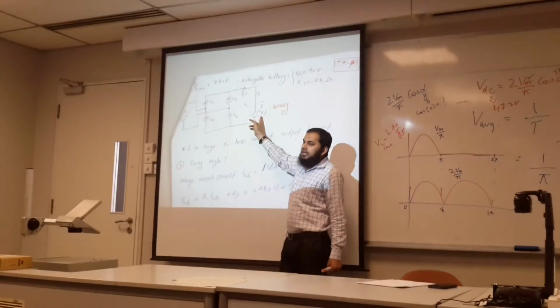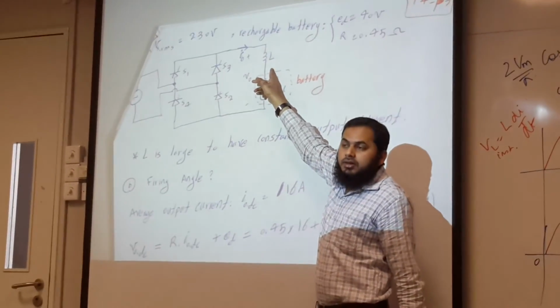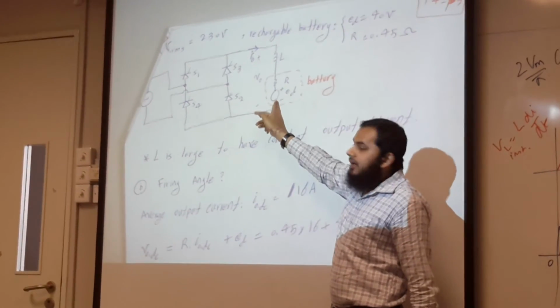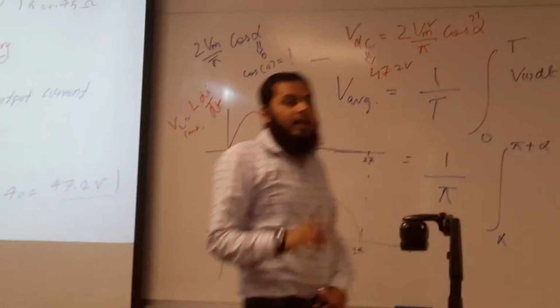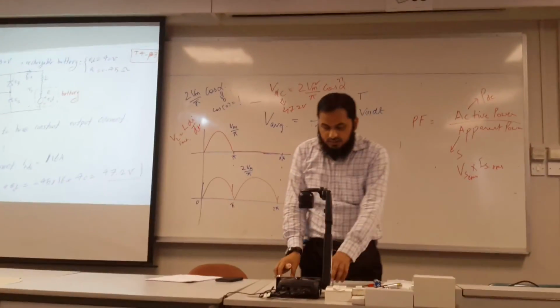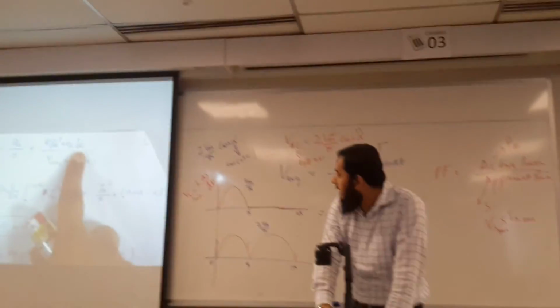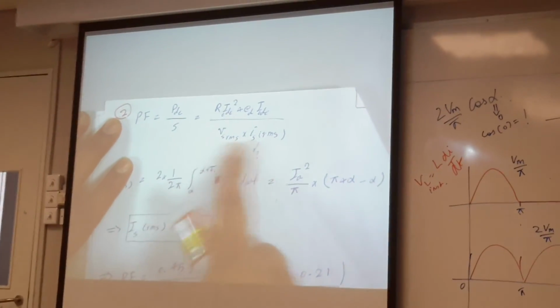So how do we find the P_DC? We know the current is 16 ampere. So 16 squared into R plus 16 into 40, that is I squared R plus E_D into I_DC, upon Vs RMS into Is RMS.